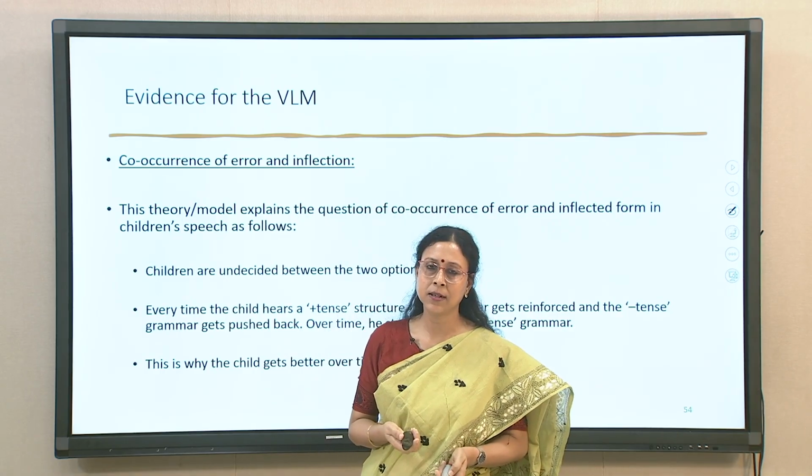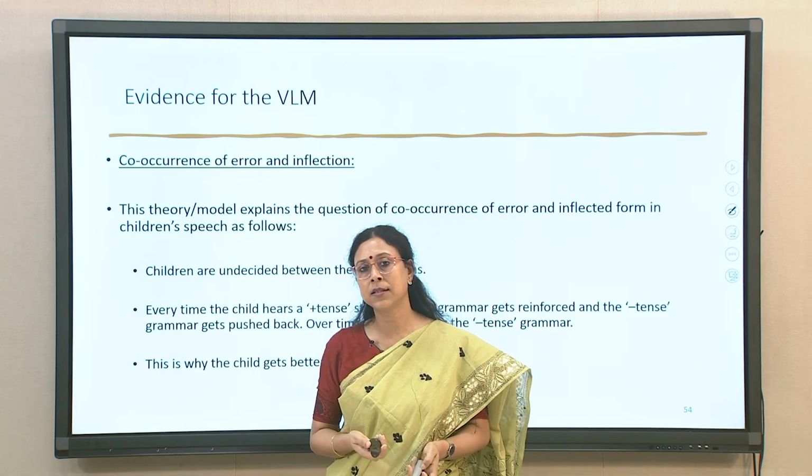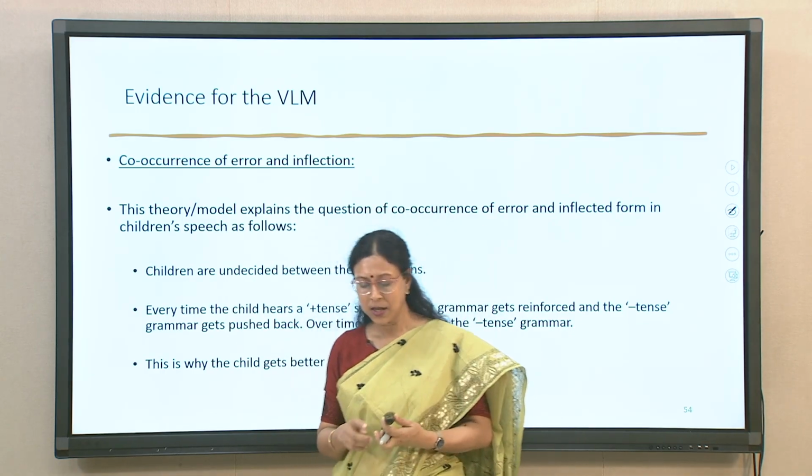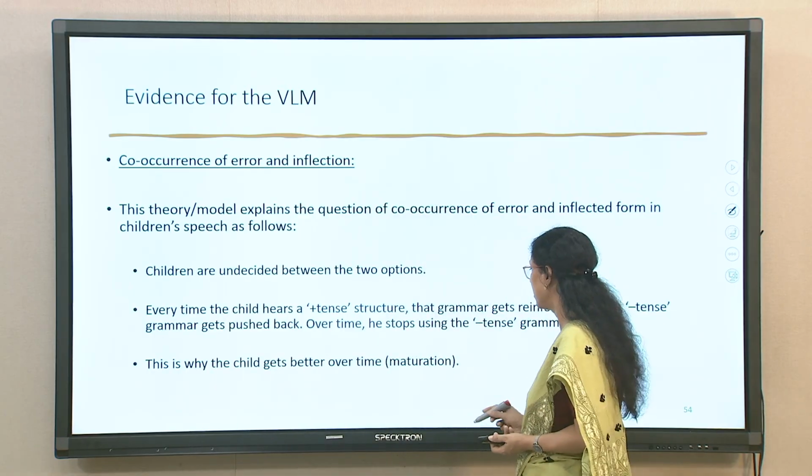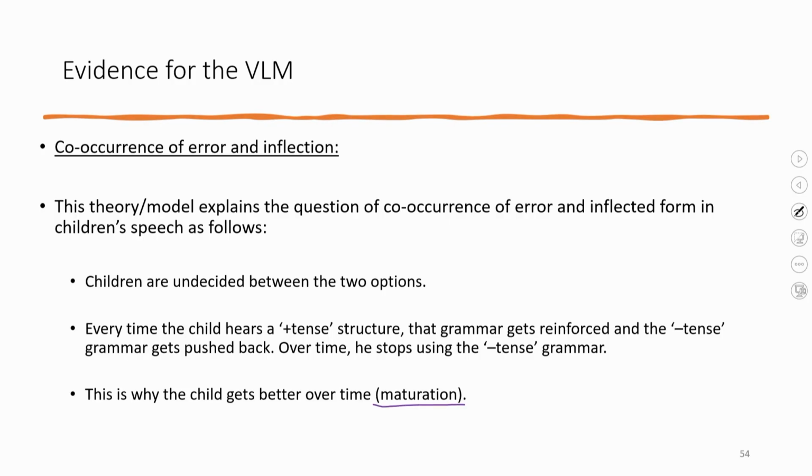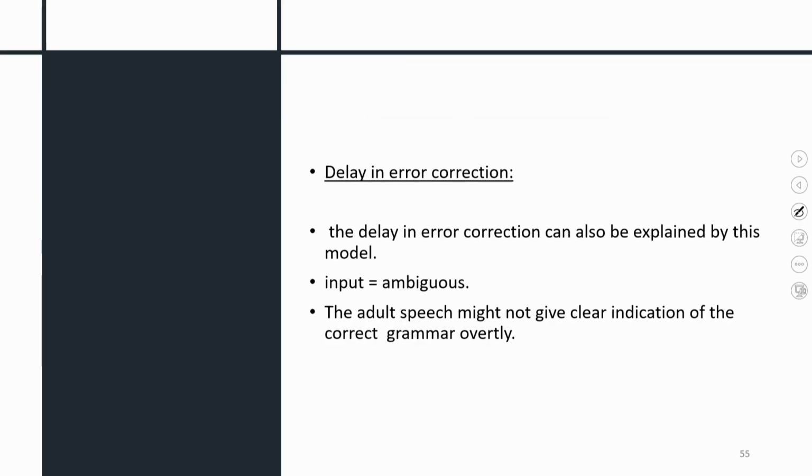That is also why the child gets better over time. This is going back to our maturation theory within this entire framework. In the initial stages they do have problems, but over a period of time through maturation they do get better.